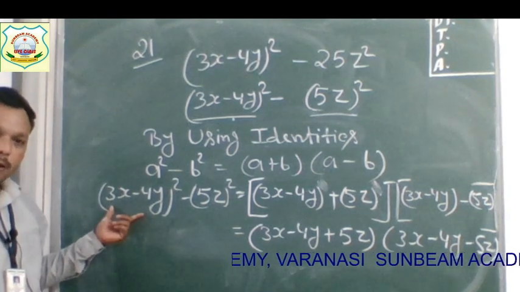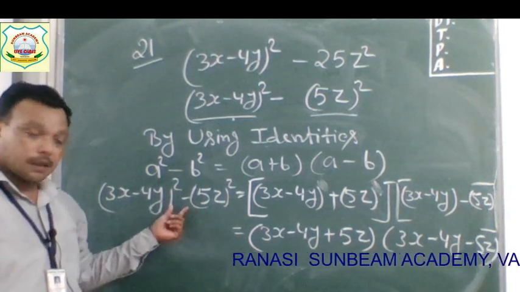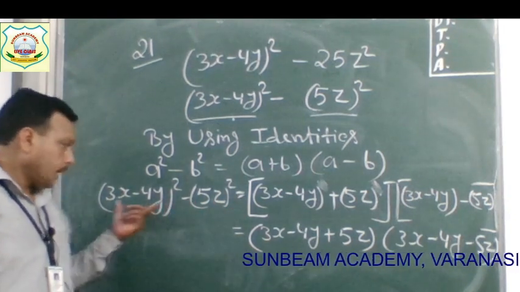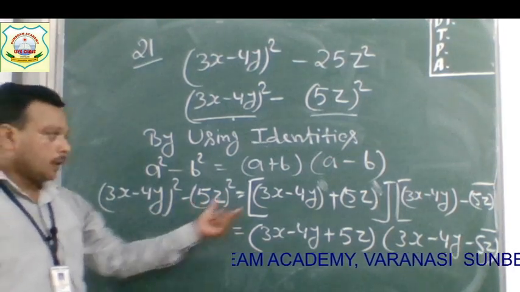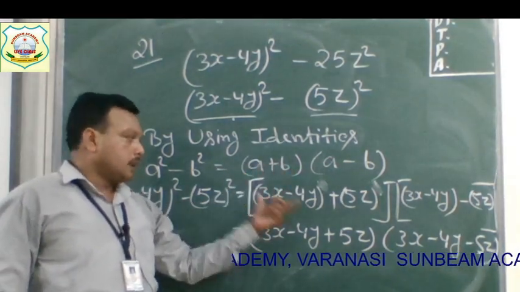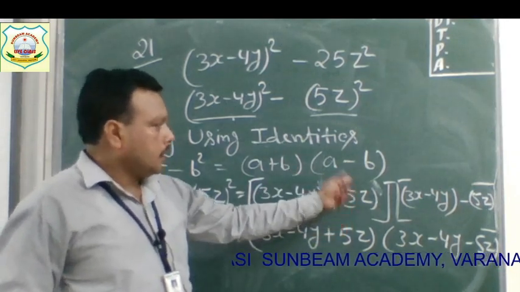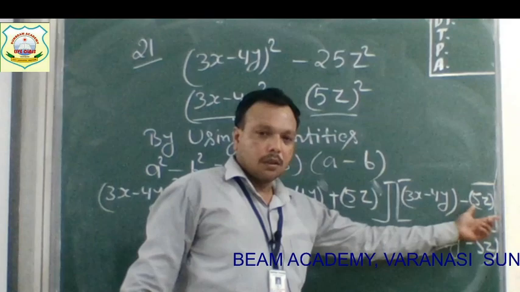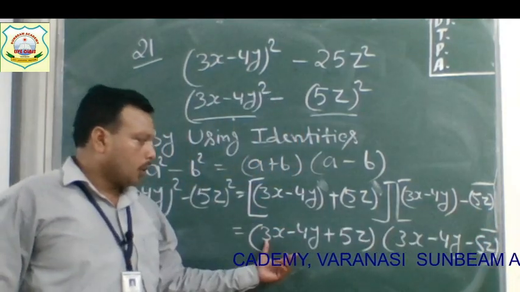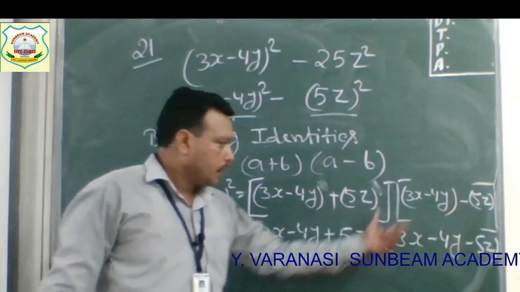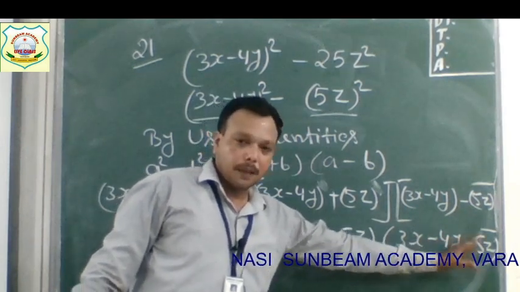So (3x minus 4y) whole square minus (5z) whole square equals a square minus b square. So we will write a plus b: a is 3x minus 4y plus b is 5z. Similarly, 3x minus 4y minus 5z.